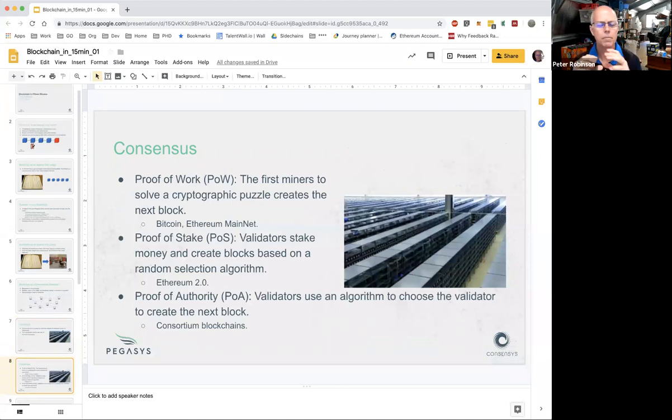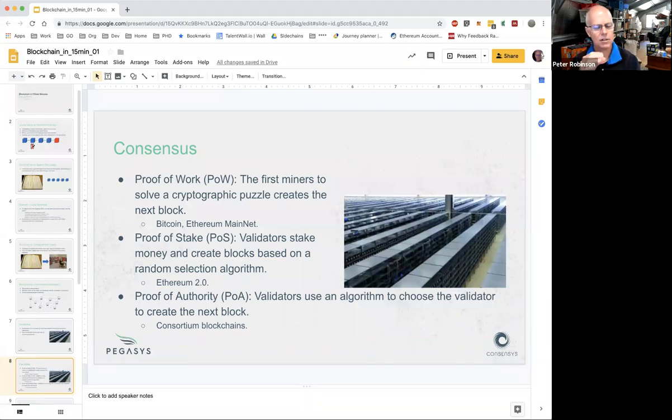So one of the main types of algorithms is called proof of work. You have different nodes in the network, which are miners. And each of the miners is racing to try and solve a cryptographic puzzle problem. And whoever solves that mathematical puzzle first, they get to create the next block.